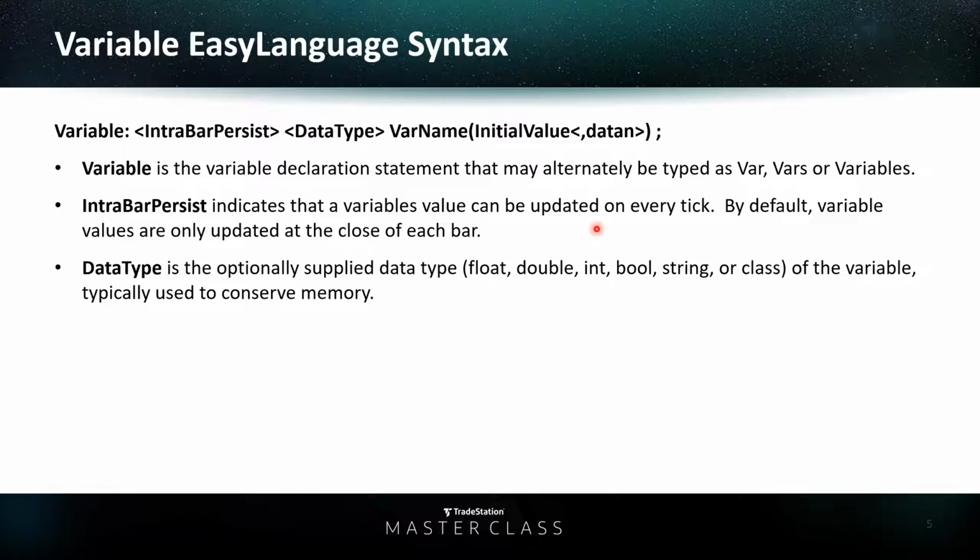So anyway, when you look at a variable's value, every time the code runs intrabar, it's giving you the value at the close of the preceding bar as a default. And if what you want is the value at the close of the preceding tick, then you're going to need intrabar persist. Exactly. So my definition was an oversimplification of it, but it can get very complicated. It does get a little tricky.